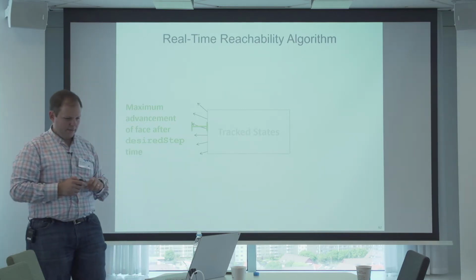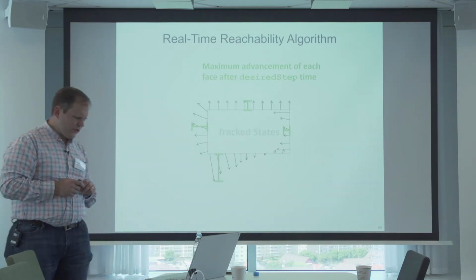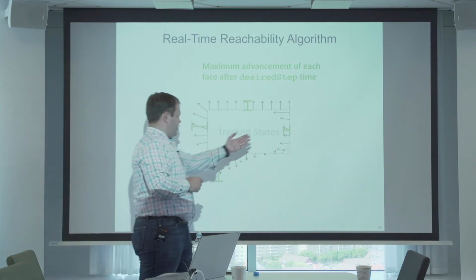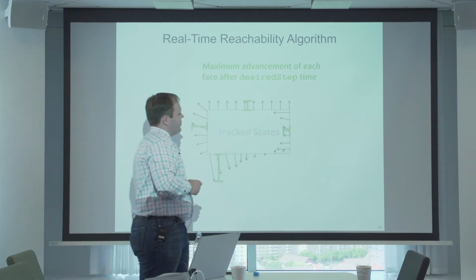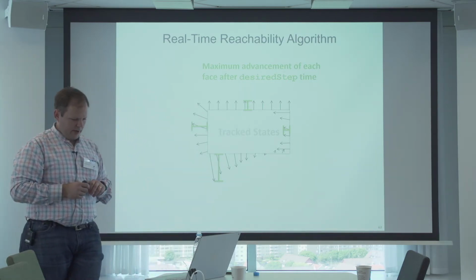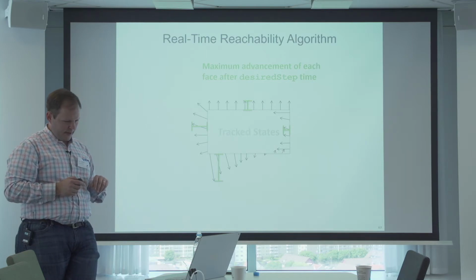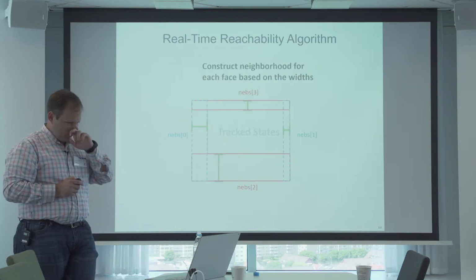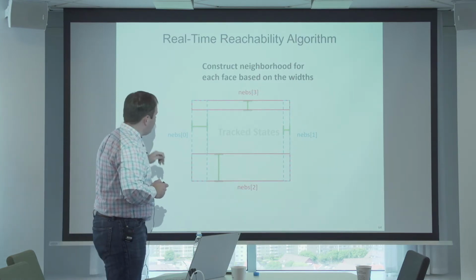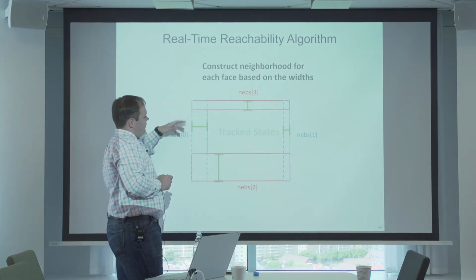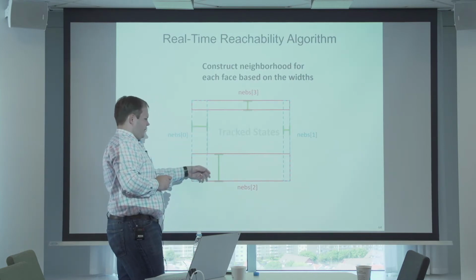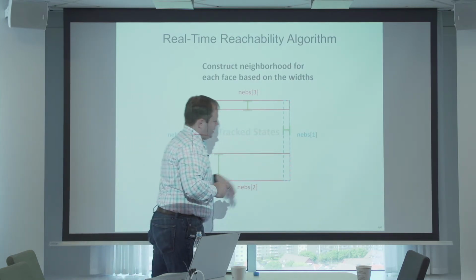We do this pushing out of all the boxes, possibly inward, depending on what the values of the system dynamics are. We do this for all of the faces, and there's a construction of neighborhoods of the faces. So basically, how far out are we going to go along each of the faces, or potentially inward?